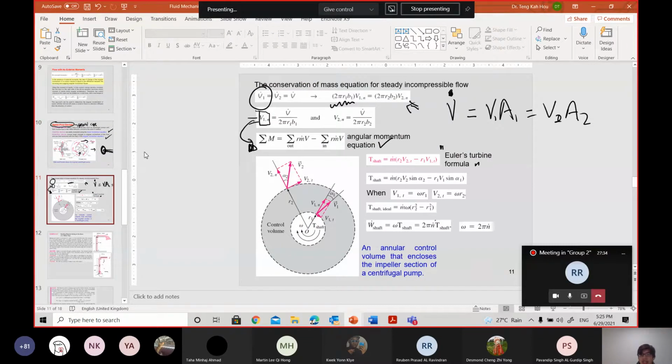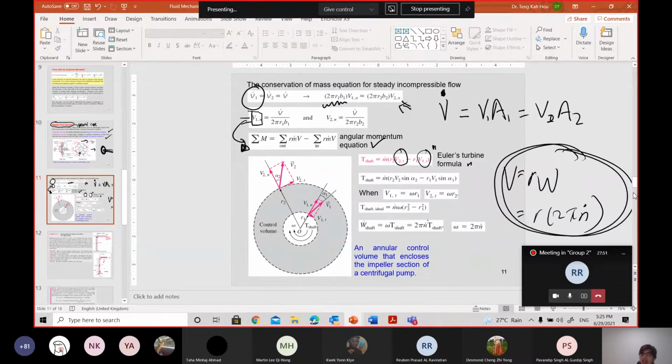Again, this V2, this V1, not all the times they will give you the velocity. You need to know this R omega, and with R omega you've got the R, 2 pi, and so on. All these things you must be able to link up.